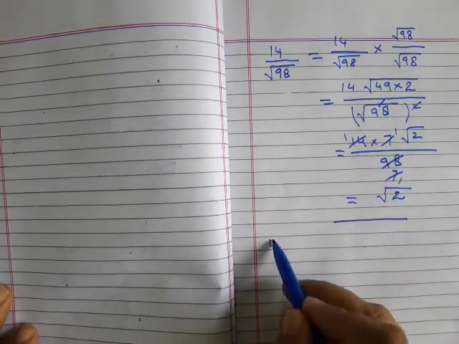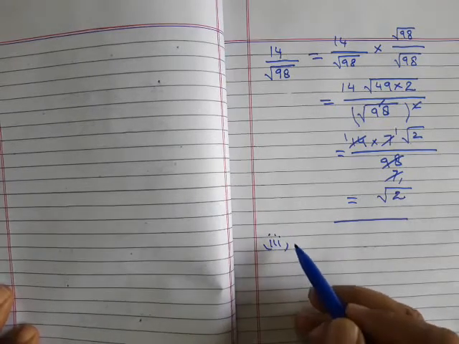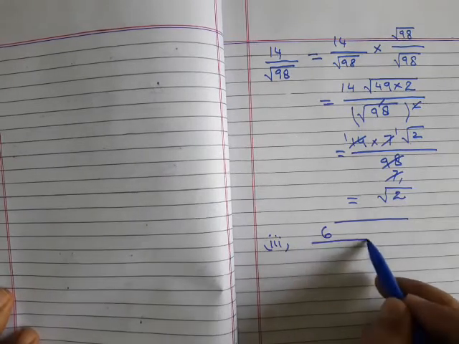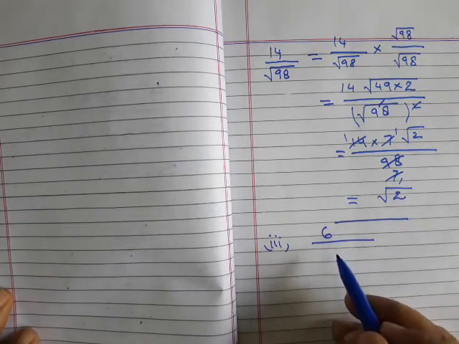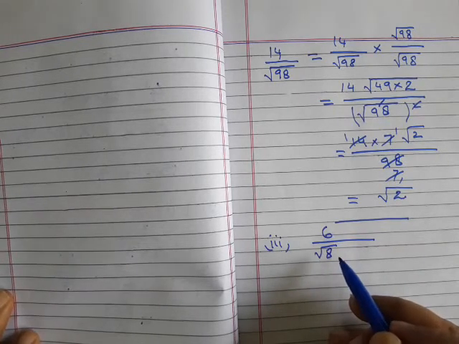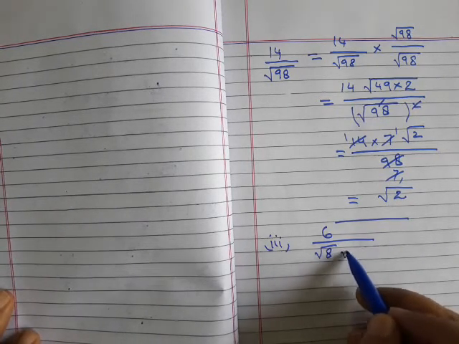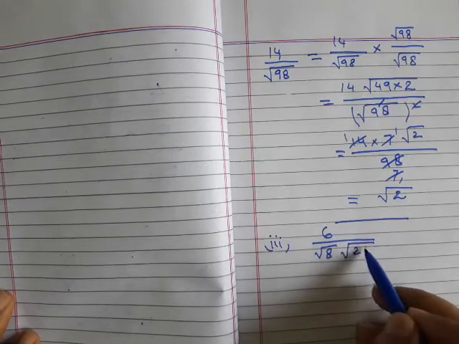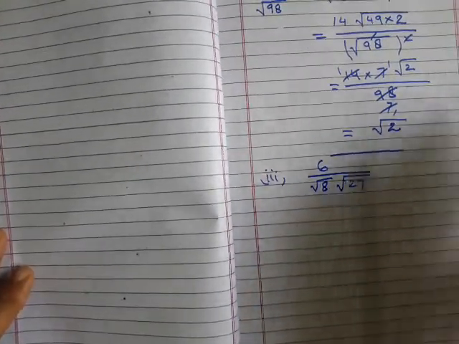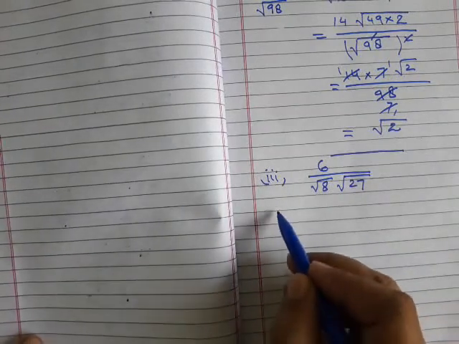Now beta, part number 3. 6 over under root 8 under root 27. Beta, same method, we will follow the same method. Write the question.